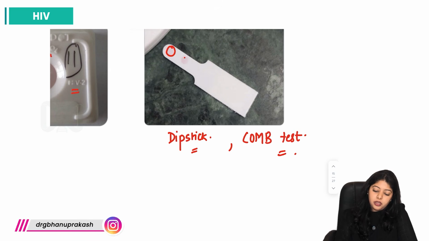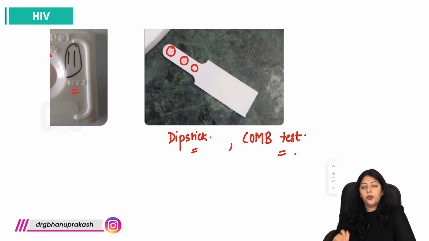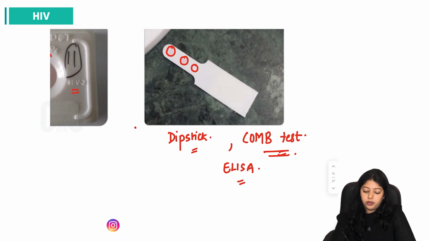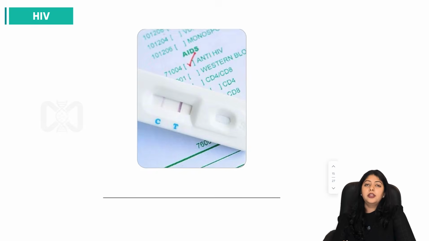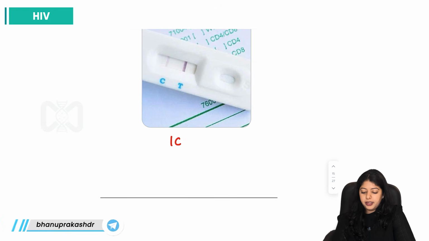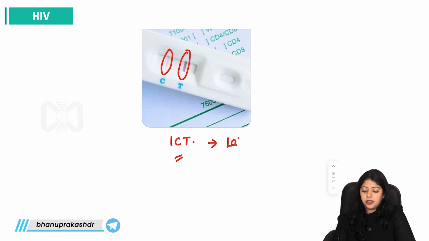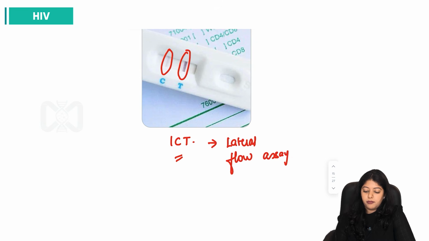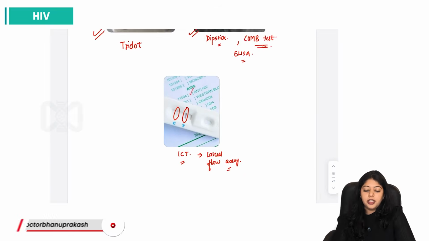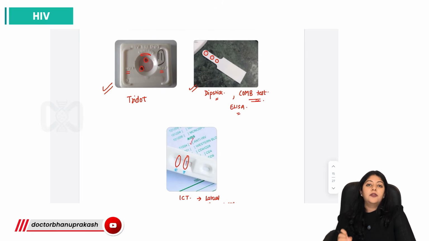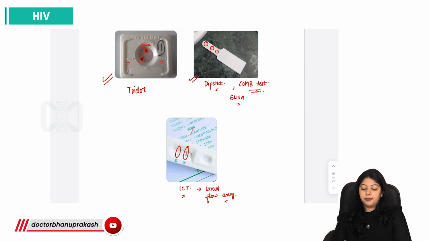So we have the control lines, HIV1, HIV2 and whatever test we are detecting. So these are ELISA based formats. Dipstick or comb test. And the third is immunochromatographic test, where we have the control line as well as the test line, right? So this is based on lateral flow assay. So these are the three important rapid test formats which are available.